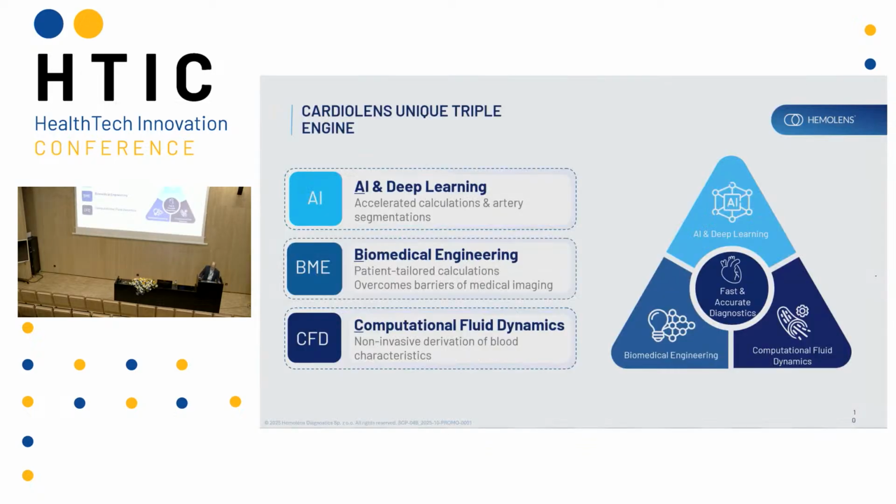So in the Hemolens Diagnostics company, we try to combine 3 main areas: deep learning and artificial intelligence, mostly nowadays to segment medical images. We use the segmentation from computed tomography angiography. We use it also to check and precondition the other physiological signals, like changing pressure.